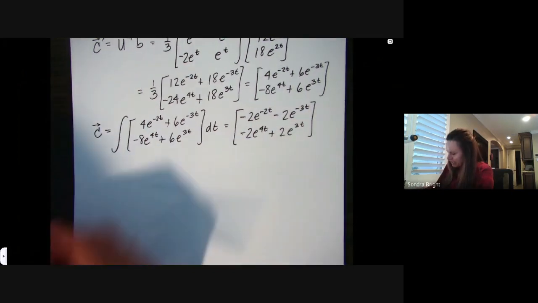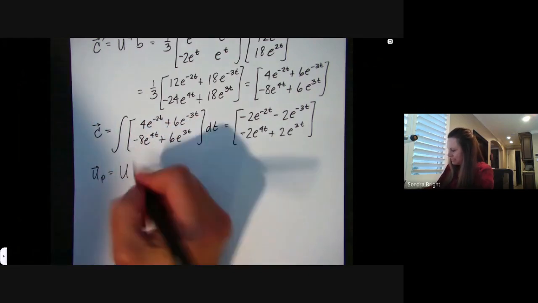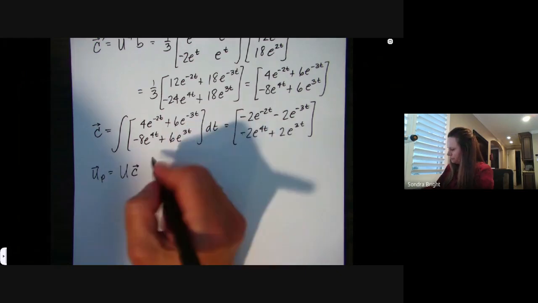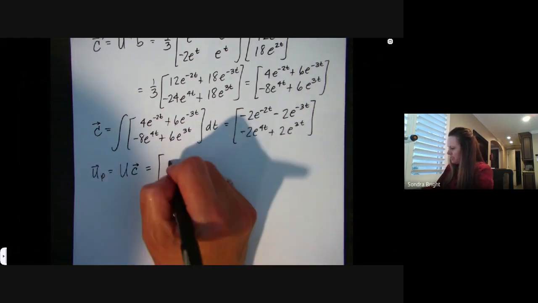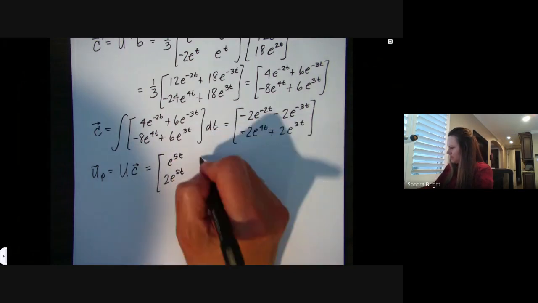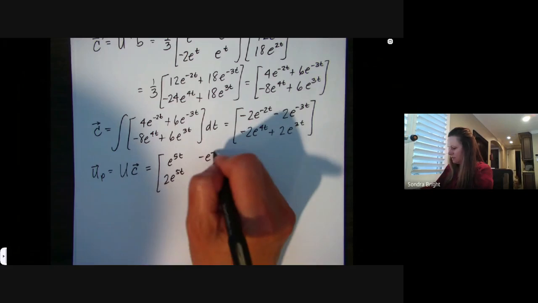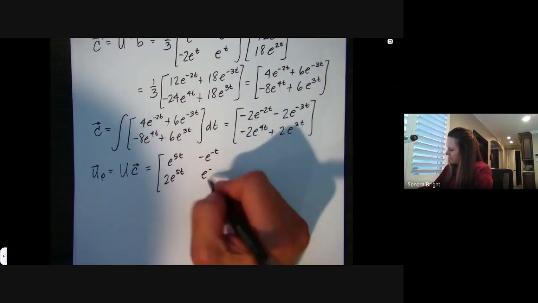Your particular solution will be matrix U times C, which matrix U was e to the 5t, 2e to the 5t, negative e to the negative t, and then e to the negative t. That was U. And we'll multiply it times this guy.